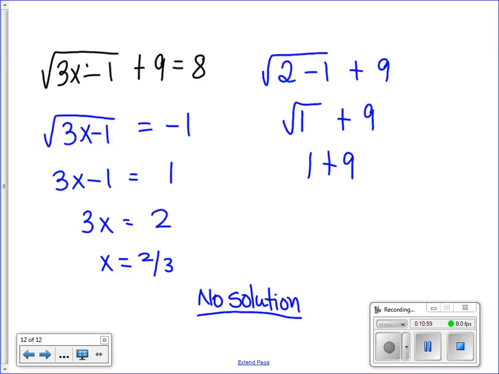Yeah, and that no solution happens right here. That's where the problem is. You gotta check your answers, especially if you end up with a negative over there on that side with the square root.